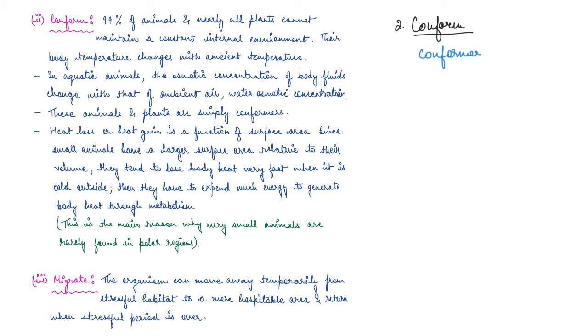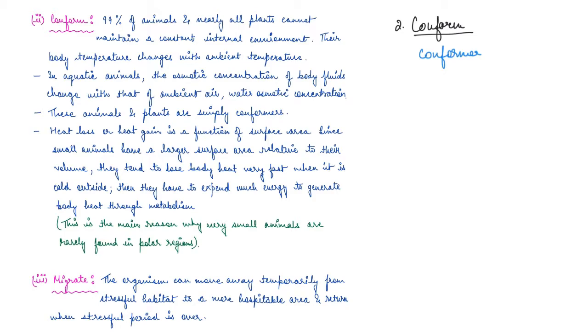Now we saw that many animals sweat it out in summer. So basically thermoregulation is something which is energetically expensive for many organisms. Now this is true for small animals like, say, hummingbirds. Heat loss or heat gain is a function of surface area.